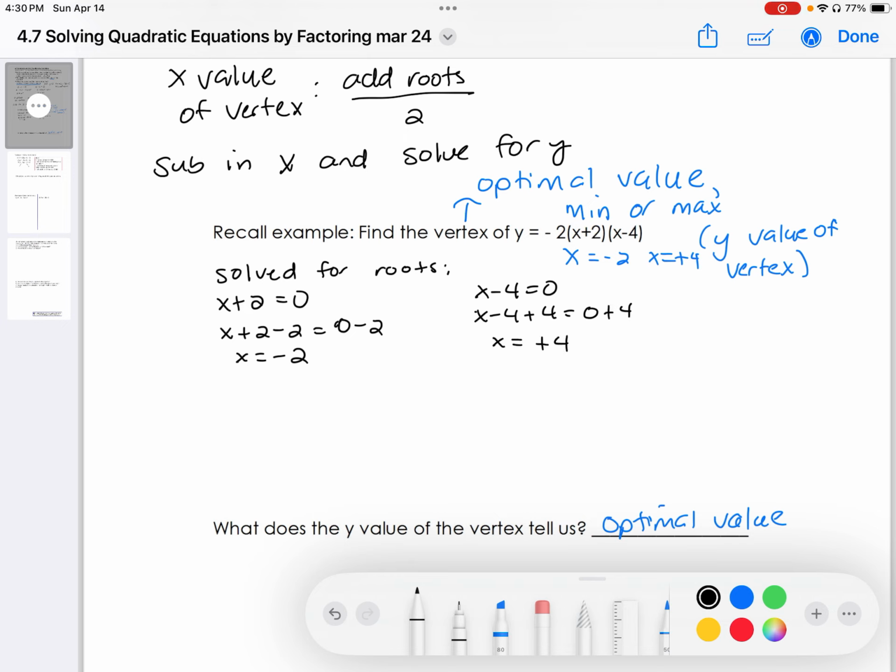Okay? And so then once you have the roots, the x value of the vertex, you add them together and divide by 2. So negative 2 plus 4 is positive 2. Divided by 2 is 1.